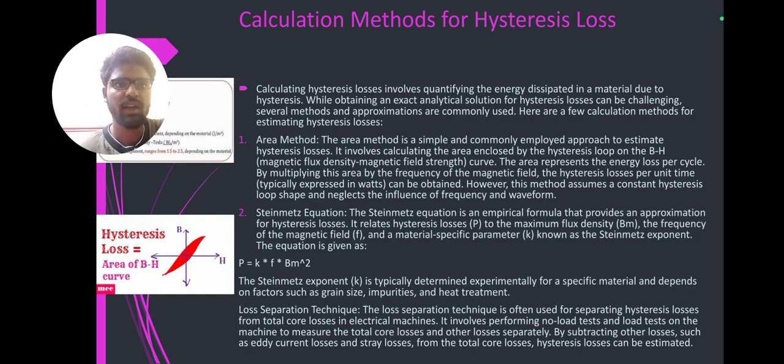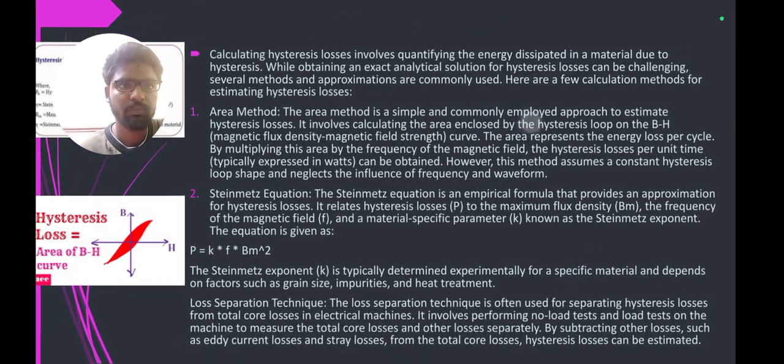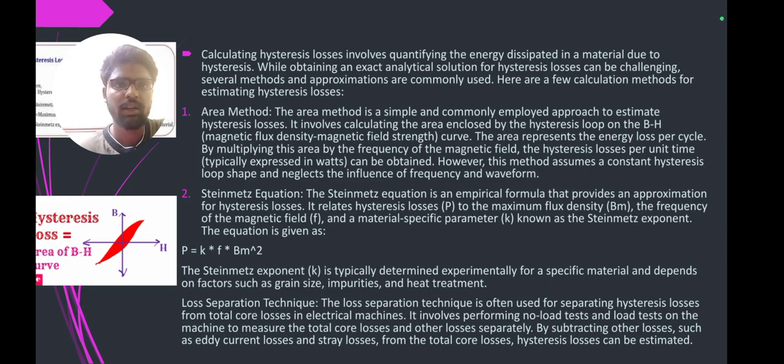It involves calculating the area enclosed by the hysteresis loop on the BH curve. With the B-H magnetic flux density, magnetic field, and frequency of the magnetic field, the hysteresis losses per unit time, typically expressed in watts, can be obtained.